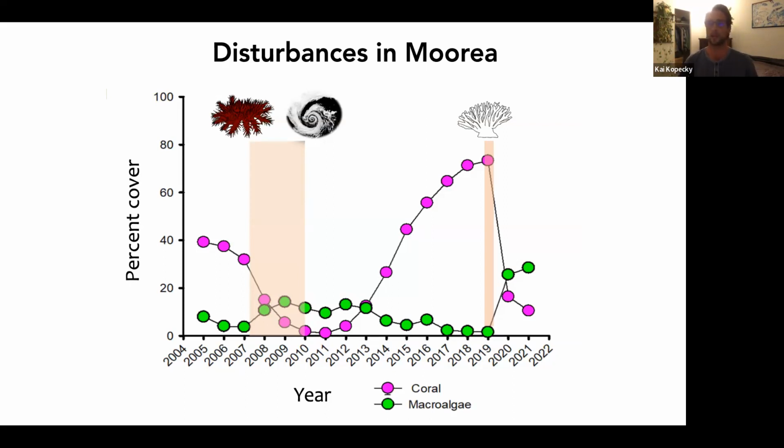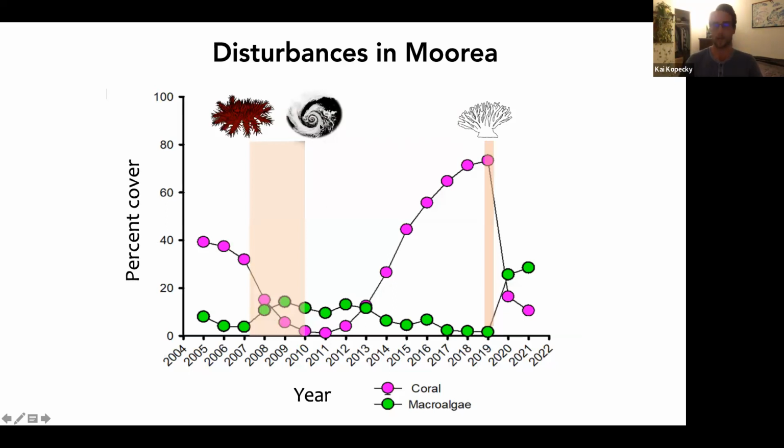Sometimes their numbers get so abundant that they can completely wipe out a whole reef, and that's what we saw here. Right when that happened, coral went from around 40% cover, meaning if you looked down at the reef, 40% of it was covered in coral, which is pretty healthy.